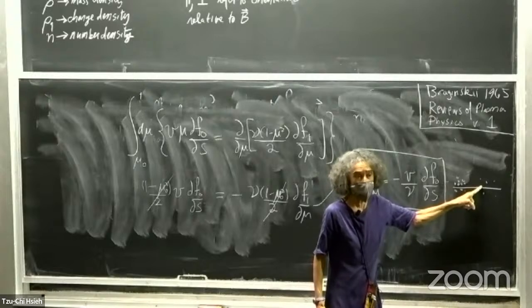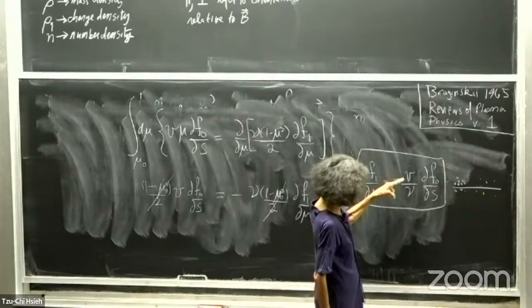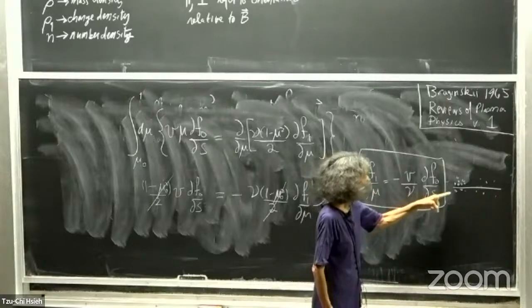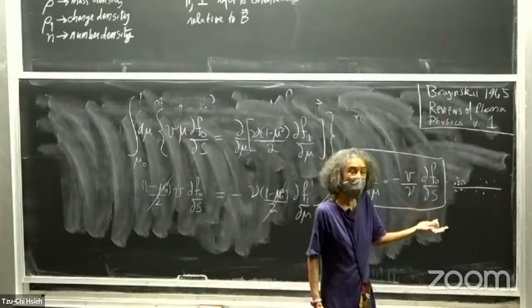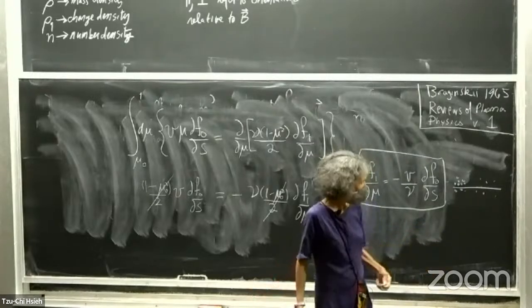That's really all it's saying. So here df ds is negative, and we pick up this minus sign here. So it says df d mu is positive, and so there's a positive anisotropy here. This makes sense? Okay.